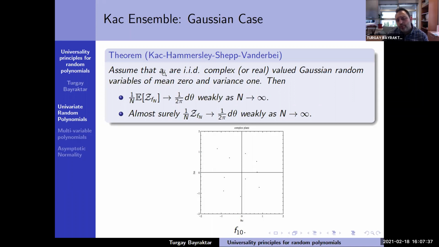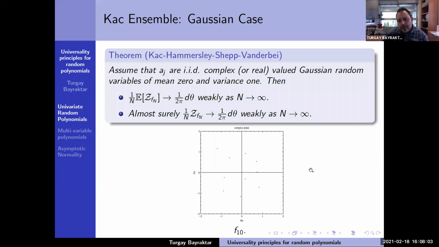So form your polynomial and plot the zeros of that polynomial. Here, the number 10 refers to the degree. And of course, this picture is a 2 by 2 square on the complex plane. Some zeros may fall outside the square, so you only see the ones inside the square. So it shows a random polynomial of degree 10 and plots the zeros.